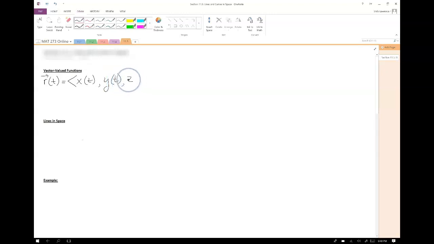These functions are all going to be functions of t, which makes our overall vector-valued function also a function of t. So it's just a vector that has functions as components.